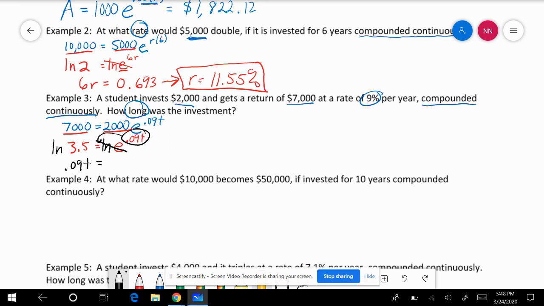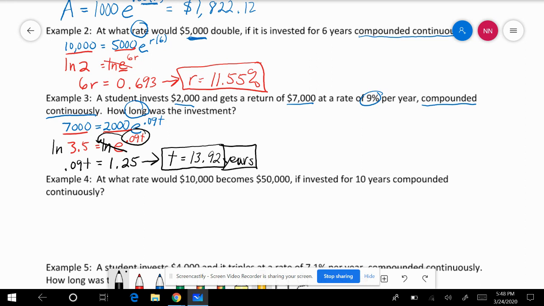Then we're going to find the natural log of 3.5, and that is 1.25 on our calculator. We're going to divide it by 0.09. And when we do that, we get t is equal to 13.92. Oh, and that should be years.